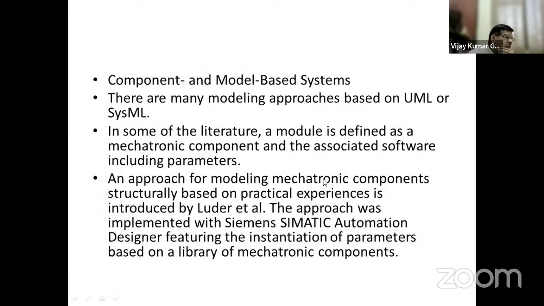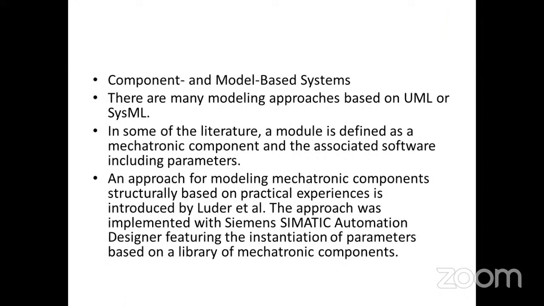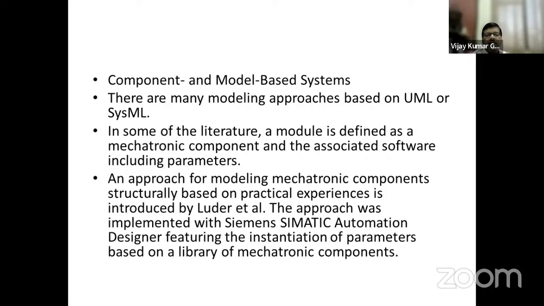Then we can divide the whole CPS into different parts. The first part is the component and model based system, where UML or SysML is the modeling approach. These are basically modeling mechatronic components structurally based on practical experience.